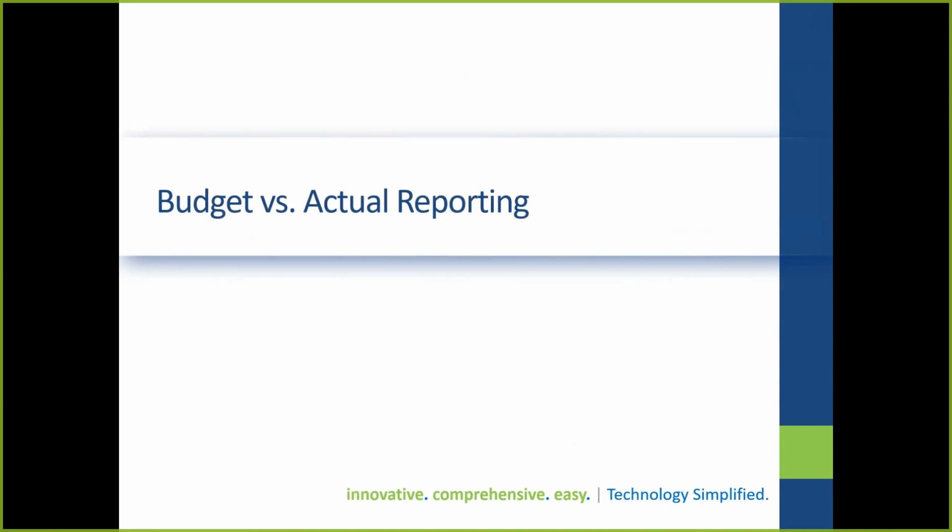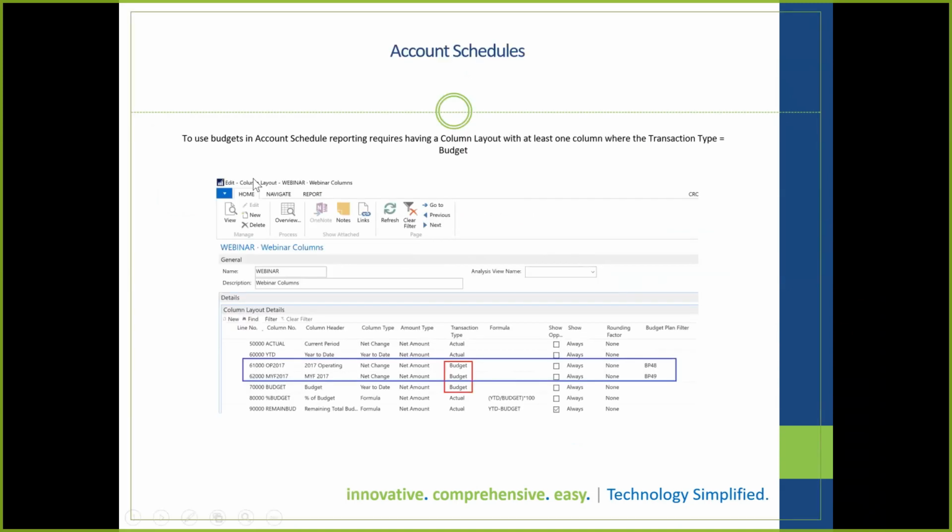So now I'm just going to talk about how we would use that in budget versus actual reporting. I did create a column layout and I have a sample snapshot of what that might look like. Again, one distinction, because all of the budget entries post directly to the general ledger, we have a transaction type as opposed to entry type here. So on any of your columns where you want to report budgets, you want to make sure that you have that selected.